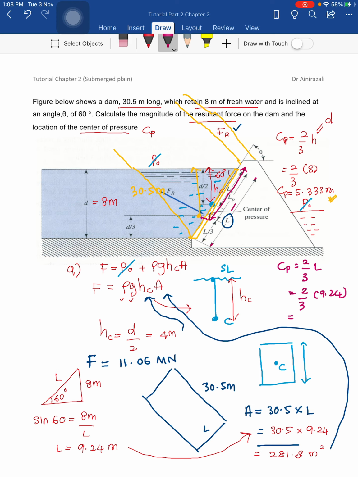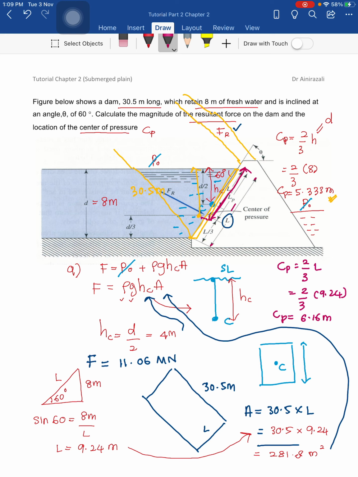So you got the CP value for this: 6.16 meter. This CP is here to here, which means it is along the dam to the surface of the liquid.